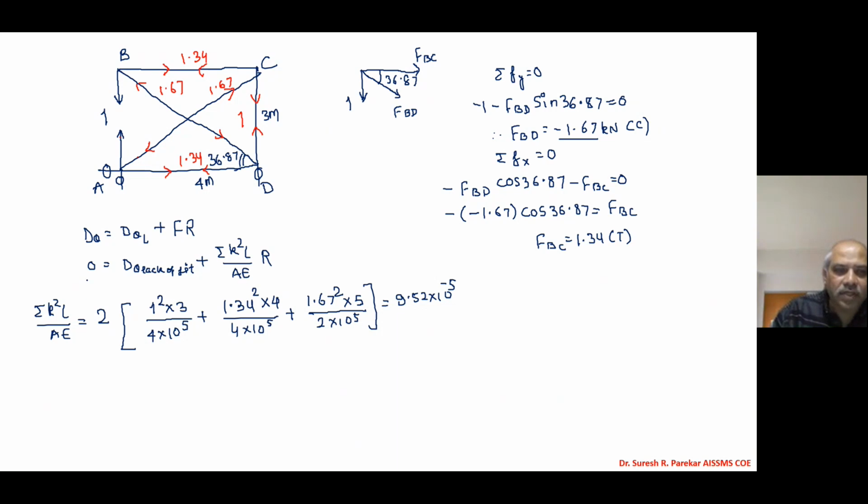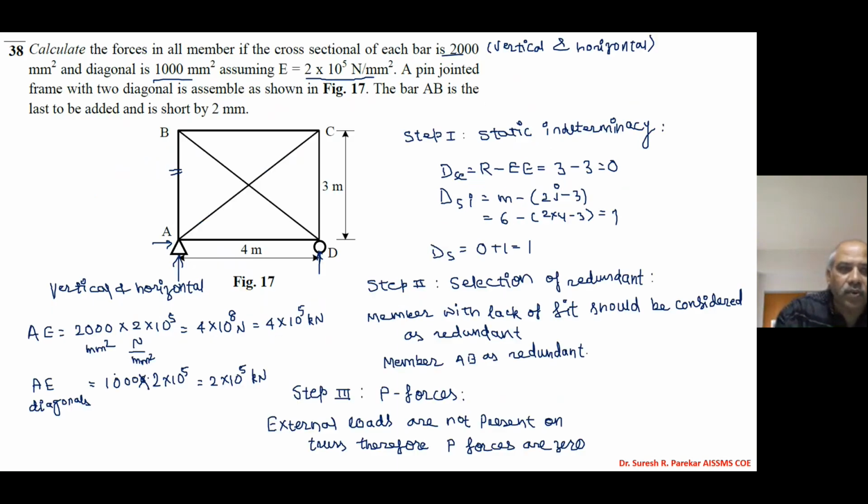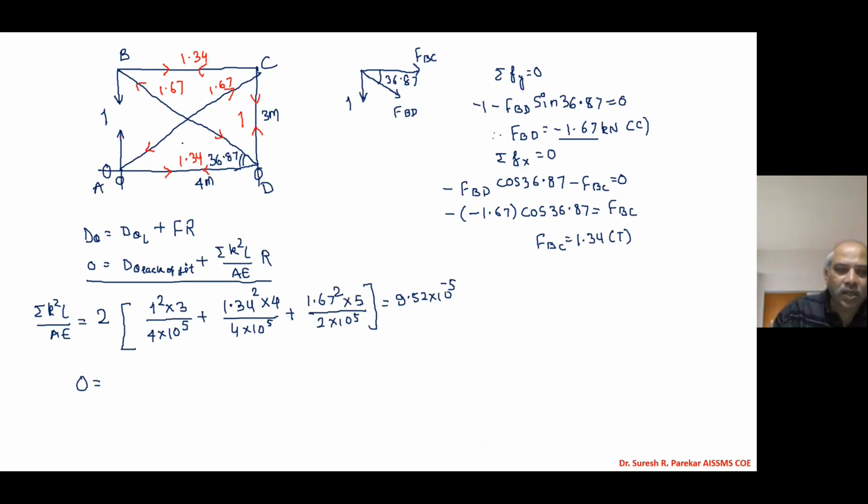And then we will substitute values in this equation. Then we will have 0 equal to lack of fit. We have that value given, which is 2 millimeters, so we will take it as 2 into 10 raised to minus 3, plus, now we have this value 9.52 into 10 raised to minus 5 into R. And from this, as it is short, we will have this value minus 2 into 10 raised to minus 3.